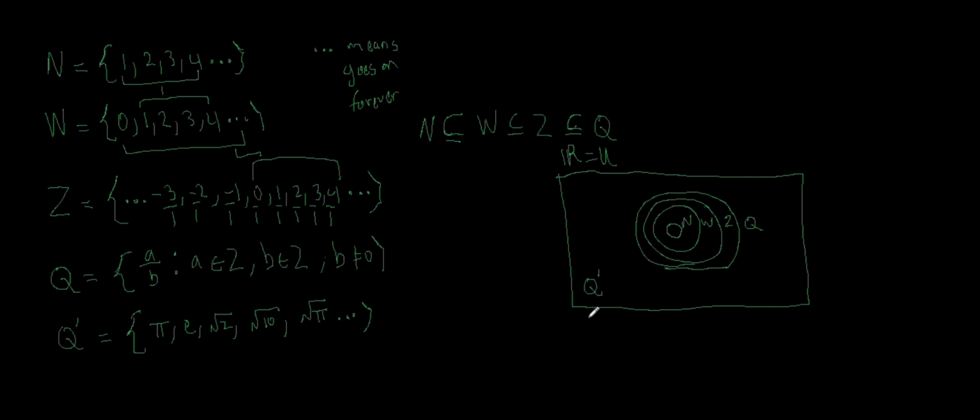Let's see this on a number line to make some sense of the real numbers. So I'm just going to use -1, 0, and 1.